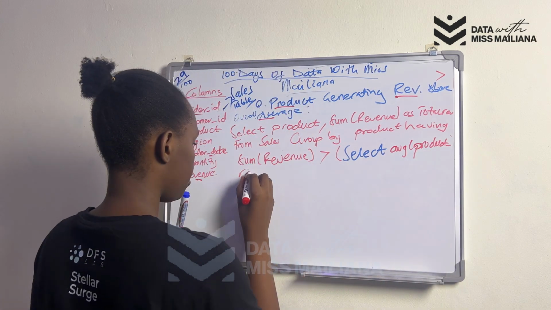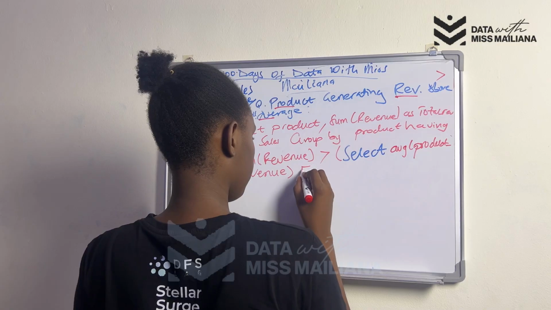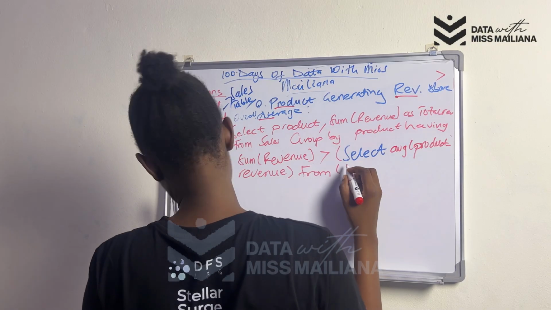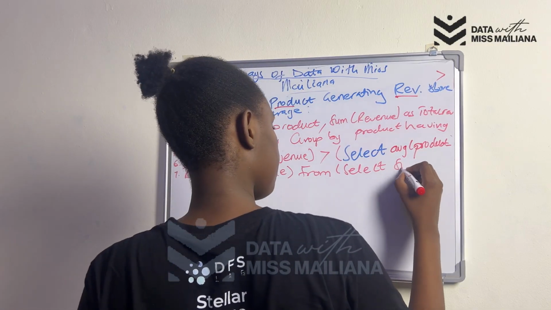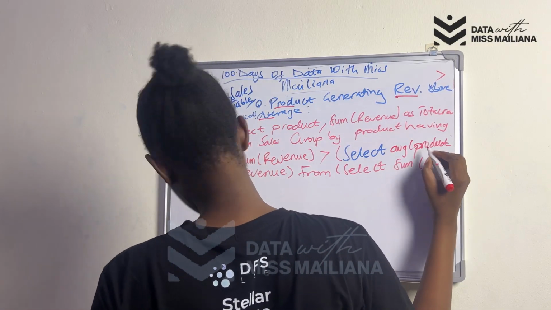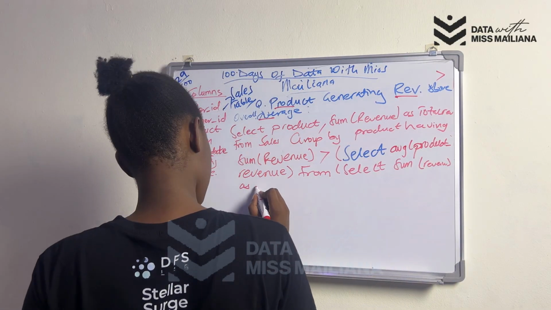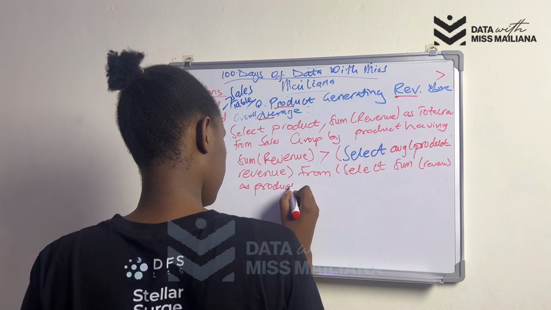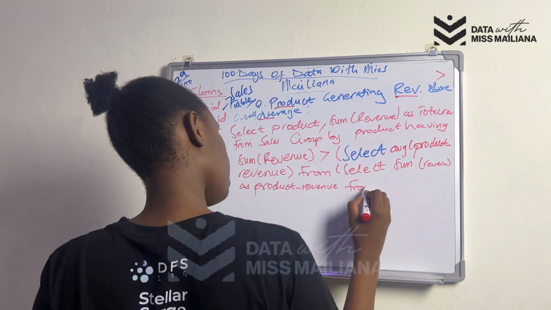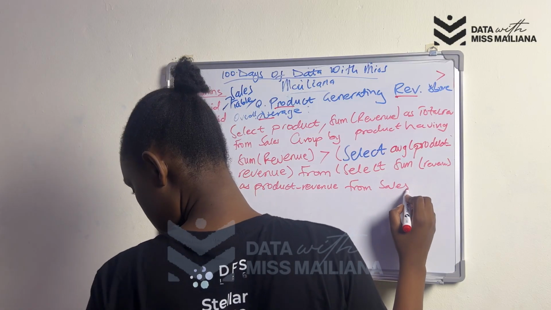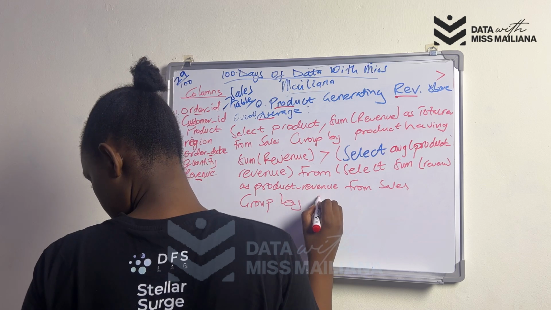Product underscore revenue from select sum of revenue as product underscore revenue from sales, and then group it by products.